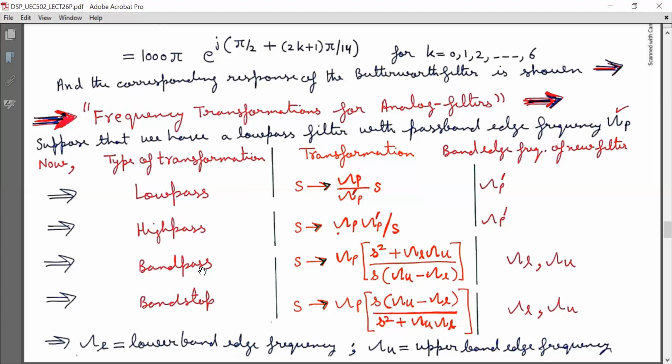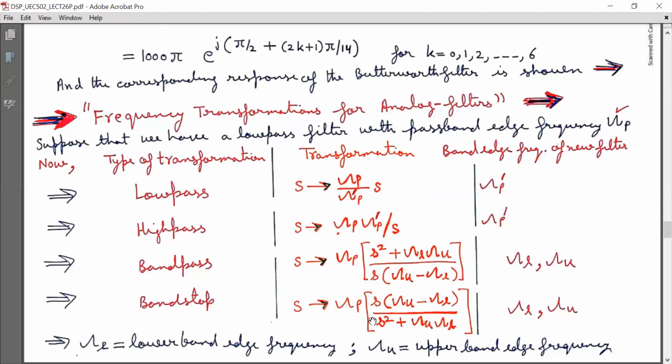Similarly, if I want to design a band stop filter by transformation of a low pass filter, we start with a given low pass filter with passband edge frequency capital omega p. The desired band stop filter needs to have lower band edge frequency omega L and upper band edge frequency omega U. So in the system function H(s) of the given low pass filter, I will replace s with omega p times s times (omega U minus omega L) divided by (s squared plus omega U times omega L).